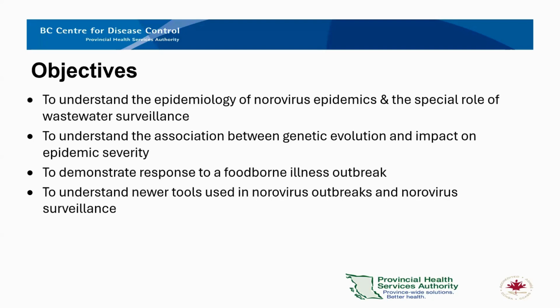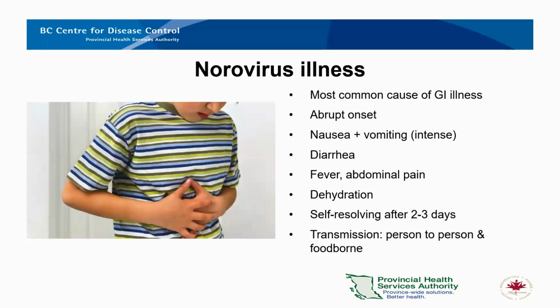We'll go over a particular outbreak response, when norovirus got into our food supply chain and how we respond to that here in BC, and then also go over some of those outbreaks and surveillance tools that have been relatively newly used here in BC.